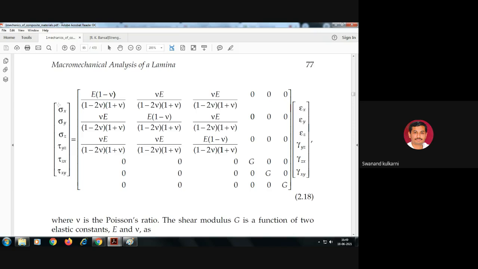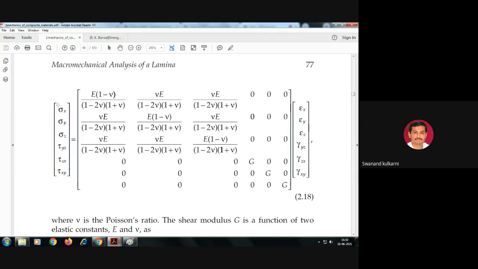Is it okay? So in order to identify sigma x, take the first row and first column. If we multiply the first row elements with the corresponding elements of the strain column, then we will get the value of sigma x. Similarly, second row and this column, third row and this column.